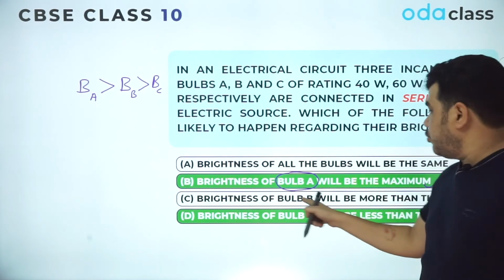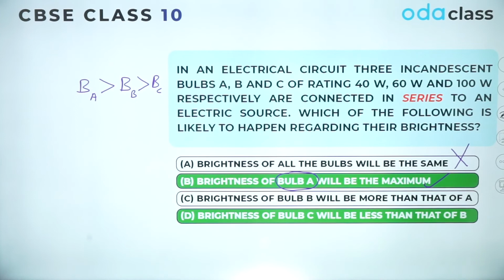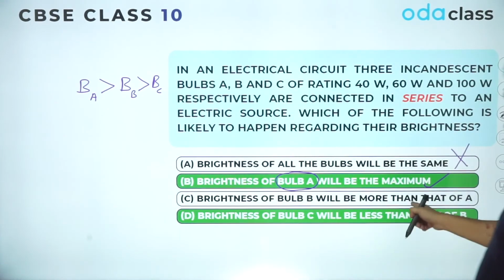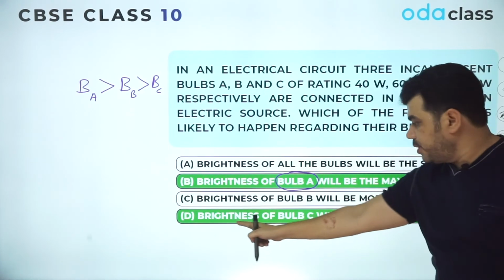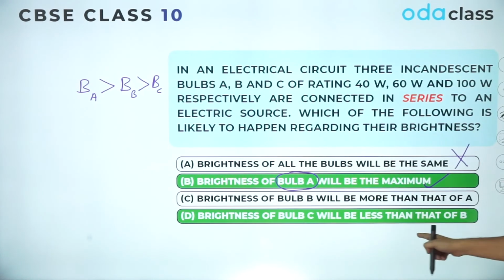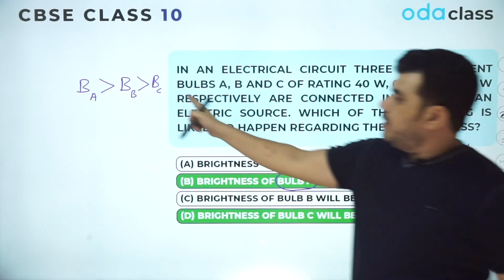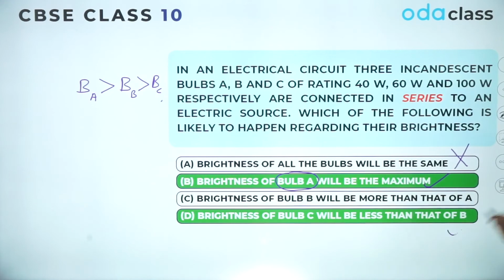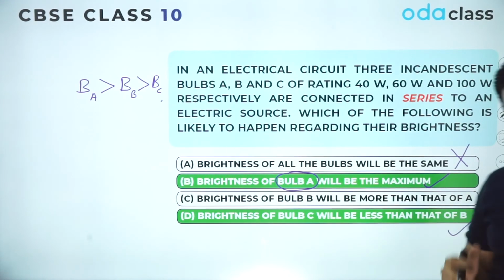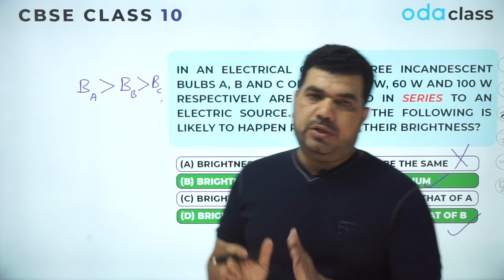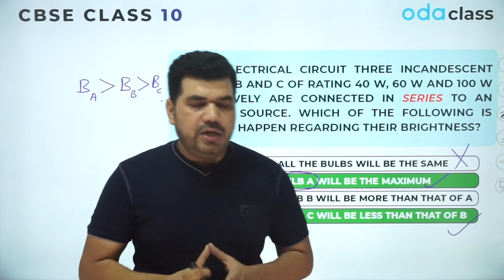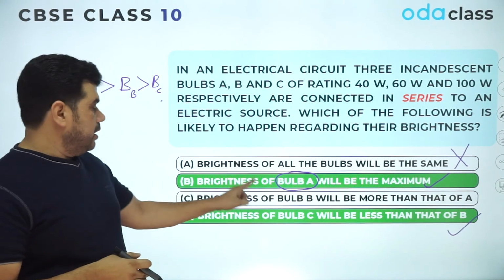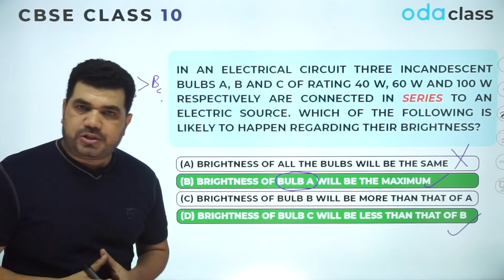And then brightness of bulb B will be more than that of A. B is not more than, it is less than A. That's why it's not correct. And then option D, brightness of bulb C will be less than that of B. Obviously, this is the correct answer. So now you have the correct answer. So in this case, for the same question of that NCERT exemplar, if the bulbs are connected in series, we have multi-correct options, meaning A and D are the correct options.